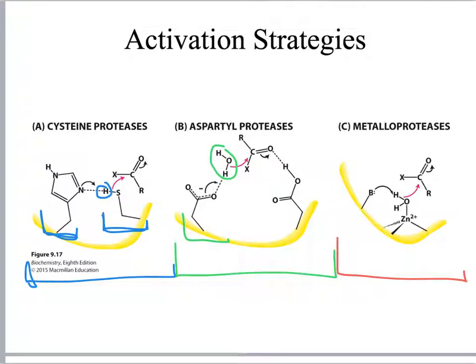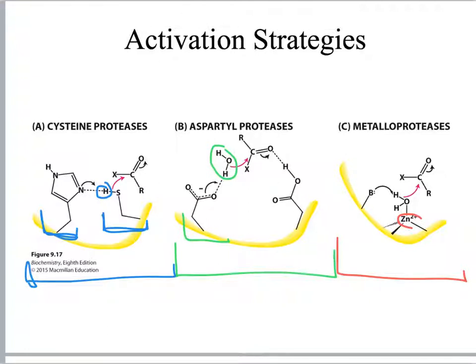And the last, metalloproteases, involve an active site that contains a bound metal ion, and usually that ion is zinc, as we see here. This activates a water molecule, and that water then acts as a nucleophile and attacks the carbonyl group.